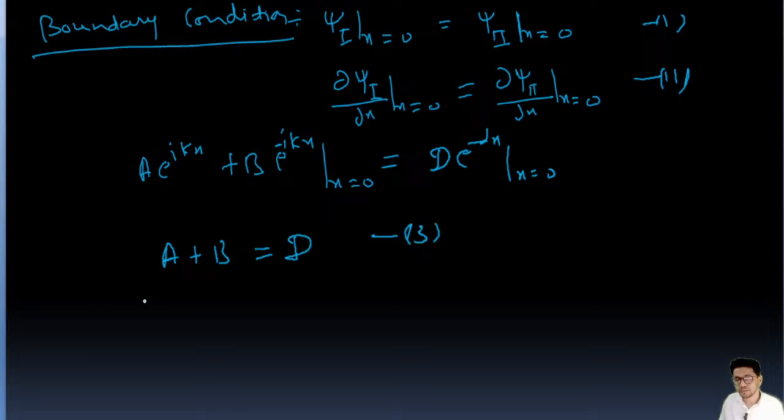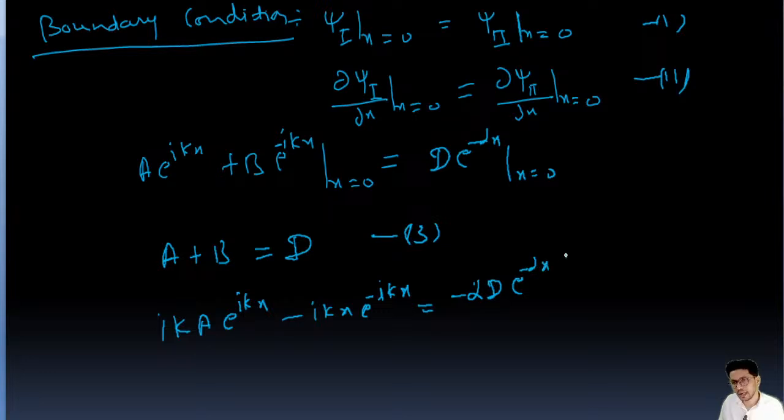Now we'll differentiate it and put x equal to 0. After differentiation, this is going to be ik a e to the power iota kx minus ik b e to the power minus iota kx, equal to, differentiating the right side, minus alpha d e to the power minus alpha x at x equal to 0.